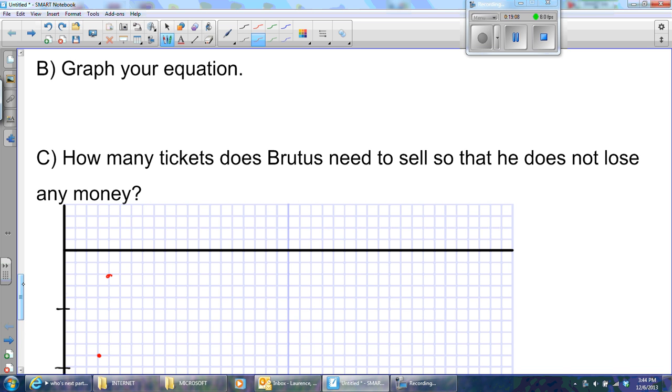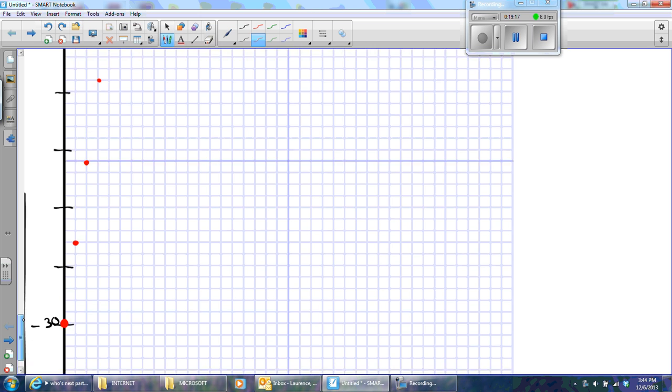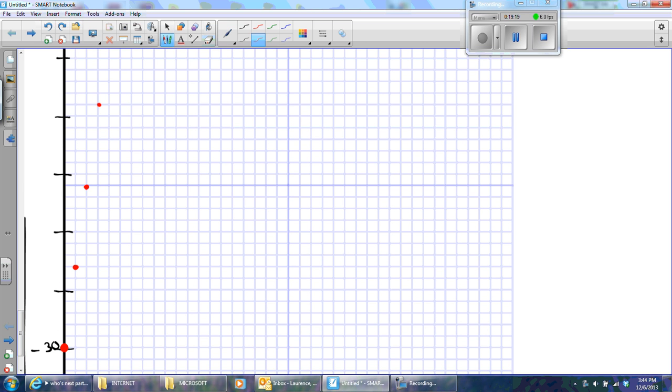All right. And finally, up 7 and right 1. So right about there. So I'm going to get this line going. Oops, sorry about that. And it's going to start there. It's actually going to be a ray, right?